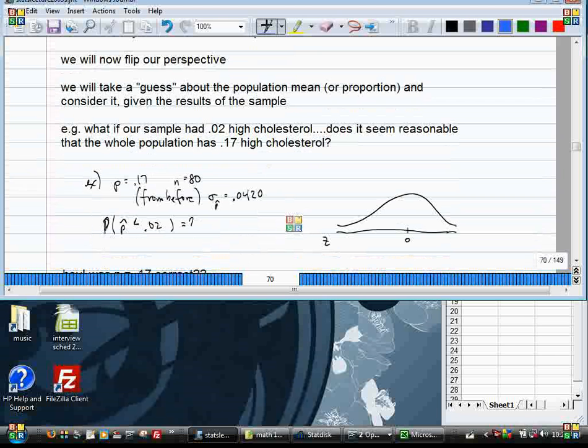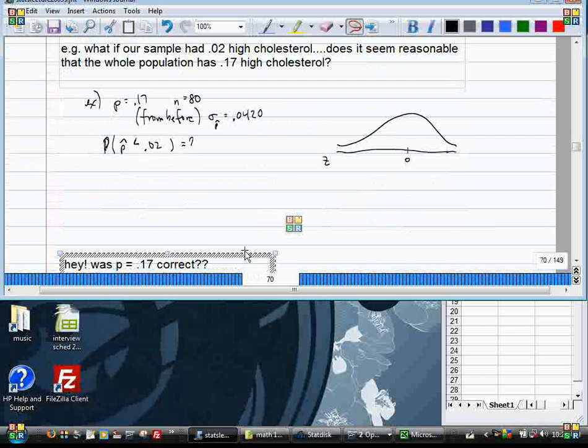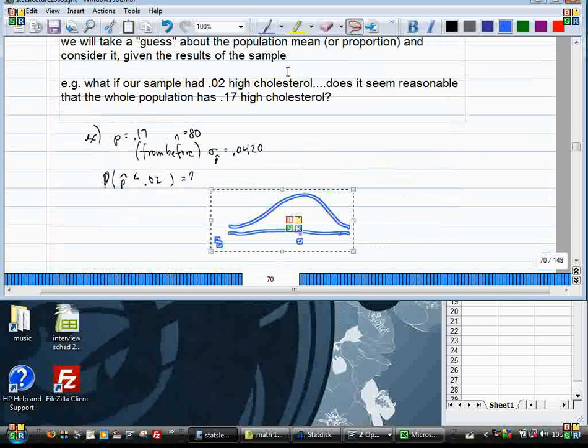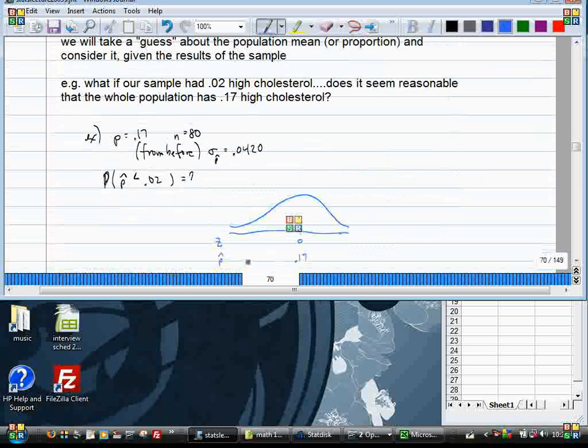So what do we need to mark off? So 0.17 goes where? In the middle, and that's a value for what? P hat. And what else do we mark off? And then what do we do? Shade to the left because it's less than.